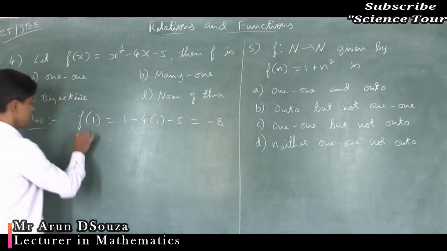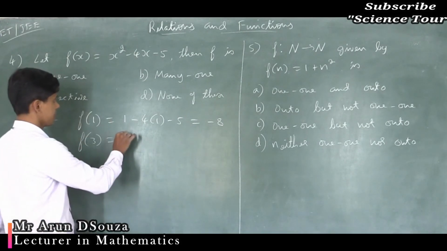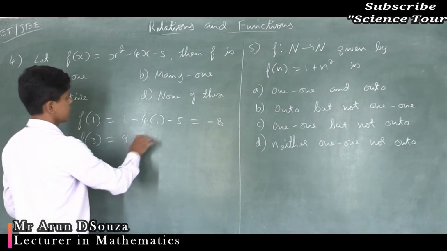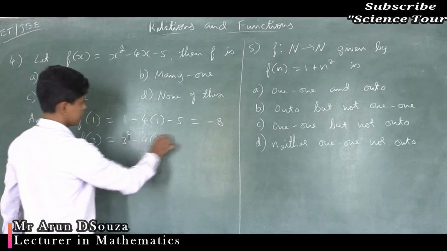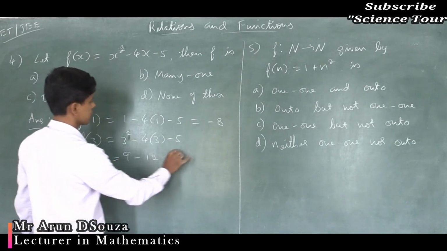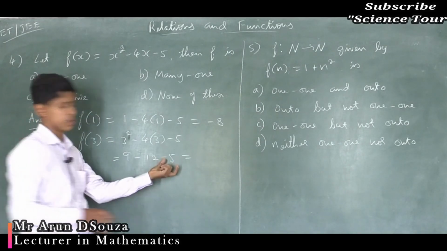And if you are going to put 3 here, then this is like 3 square 9 minus 4 into 3 and minus 5. So that is 9 minus 12, you get minus 3 and minus 5.